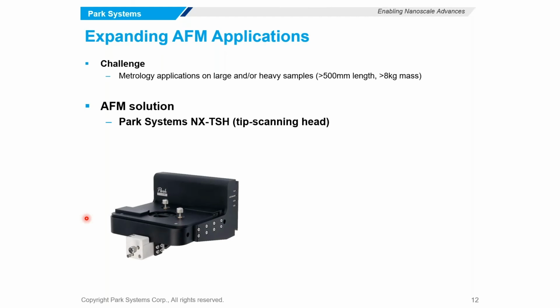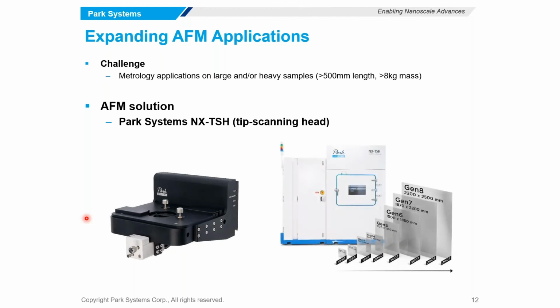The main innovation here is it takes the existing technology backbone of the decoupled X, Y, and Z scanner and combines it into a single self-contained unit. Now, this allows the unit to scan a variety of very large samples, in a tool that can be customized for different sample sizes and weights, while still keeping that same nanoscale precision.